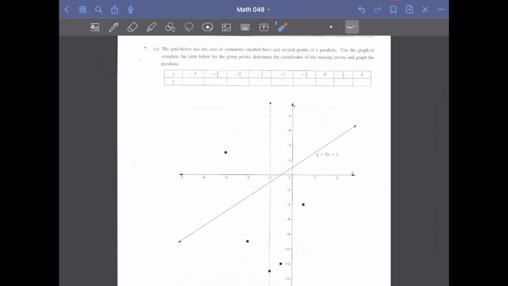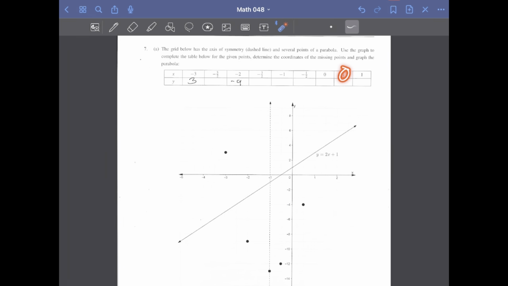So I see when x is negative 3, y is positive 3. I see when x is negative 2, y is negative 9. I see when x is a half, y is negative 4.